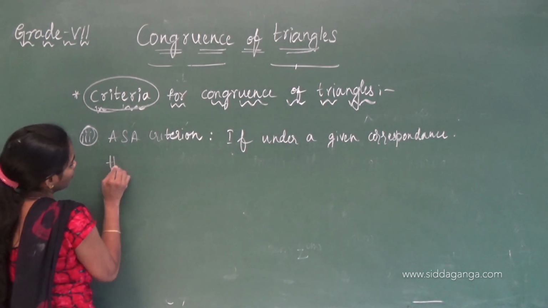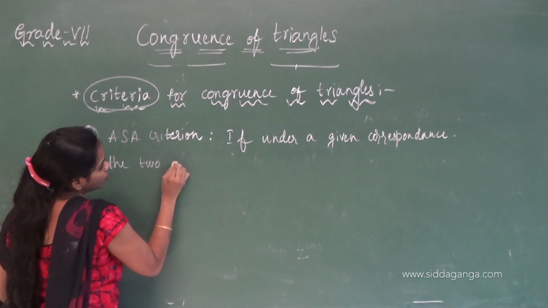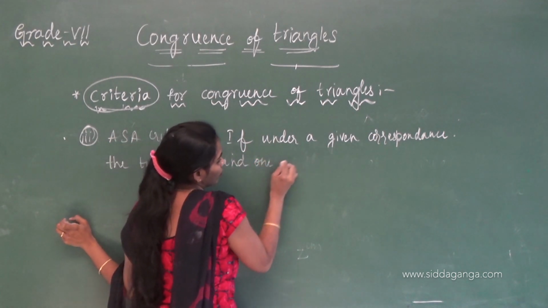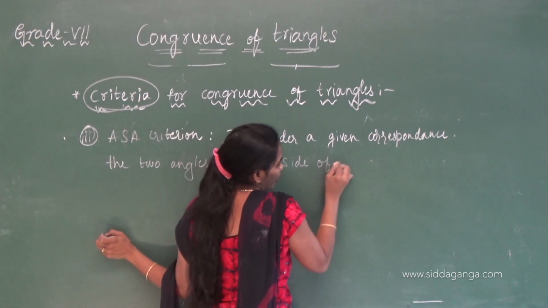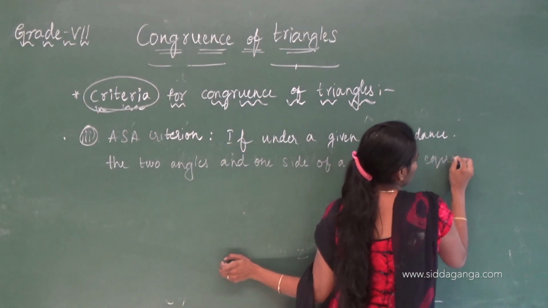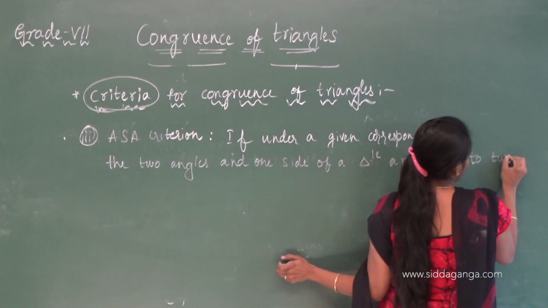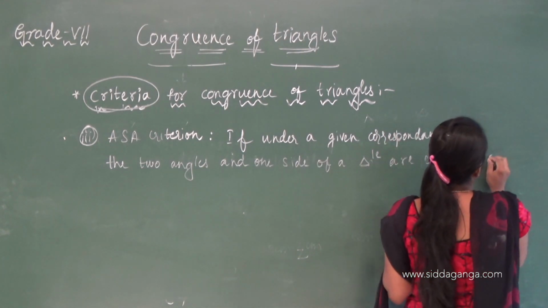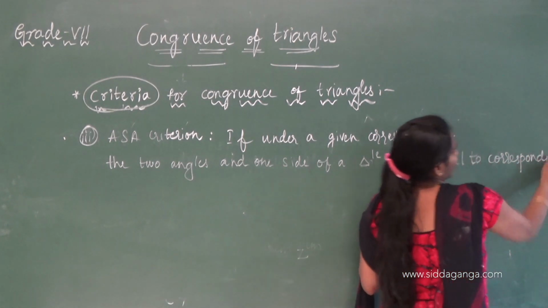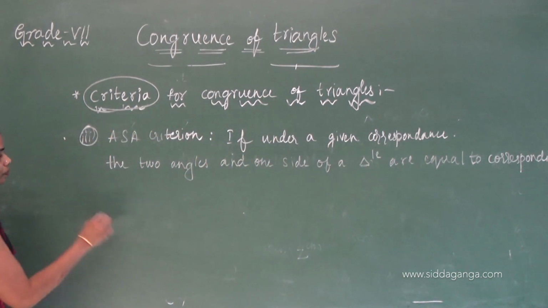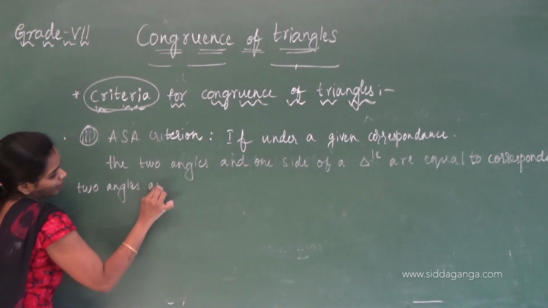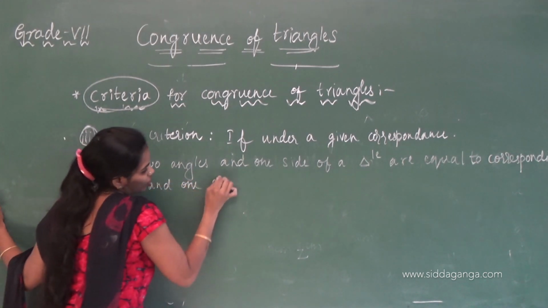The two angles and one side of a triangle are equal to the corresponding two angles and one side. Just mention corresponding.